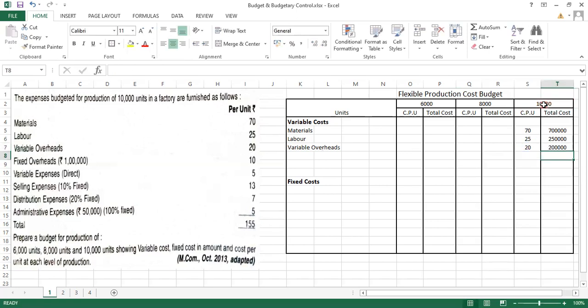So 2 lakh rupees. Next is fixed overheads. So in the fix, you are going to write down the fixed overheads. 1 lakh, because 10 into 10,000 will give you the 1 lakh.